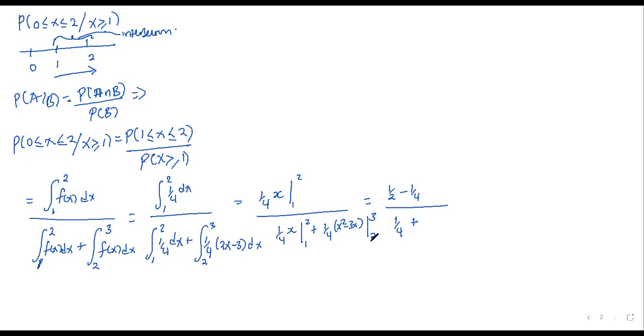Then when you put 2 you get 4 minus 6, which is minus 2, so you get a half. So the answer would become a quarter over 3 over 4. Finally, the answer is a third. So the rest is algebra here. So ideally, the probability of 0 less than or equal to x less than or equal to 2, given x is greater than or equal to 1, the answer is a third.